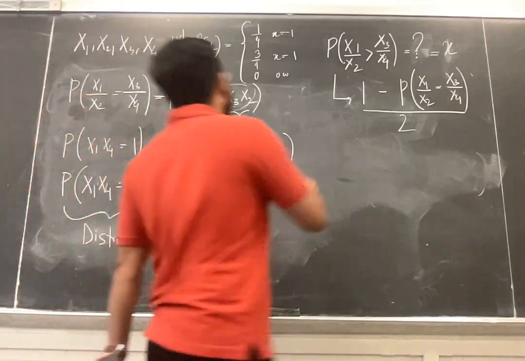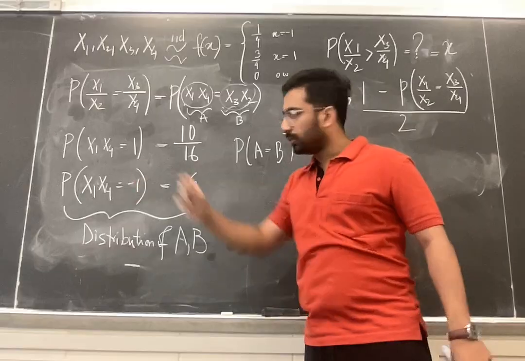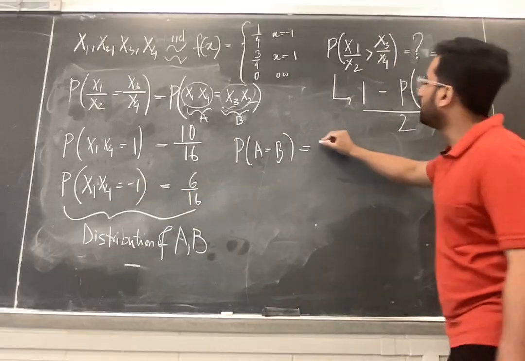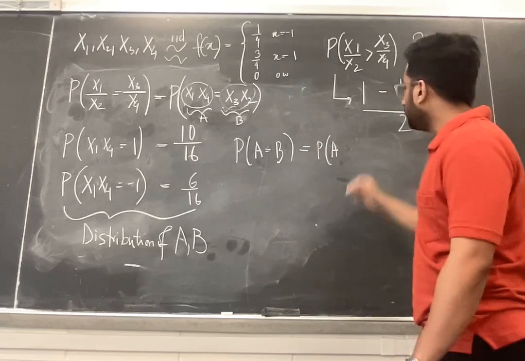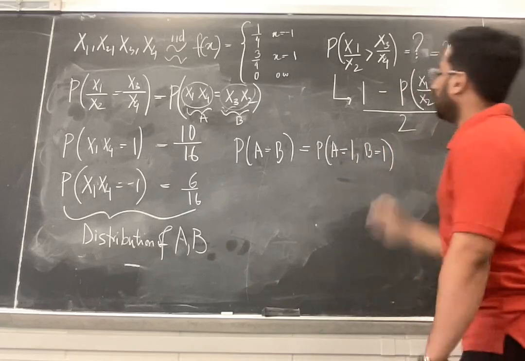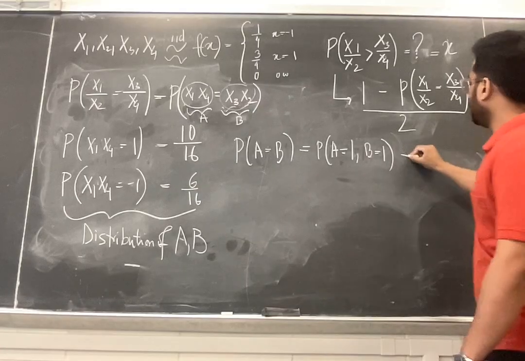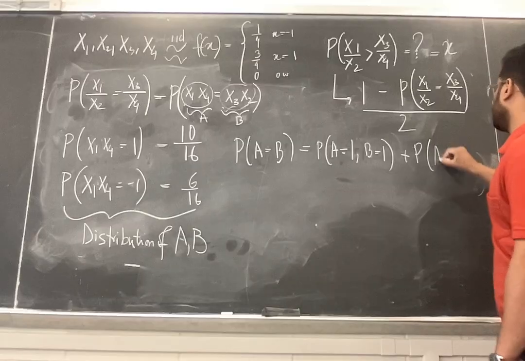So probability of A and B, again A and B are taking either 1 or minus 1. So probability of A and B are equal is same as probability A equal to B equal to 1, so either both of them are equal and 1, or both of them are equal and minus 1.